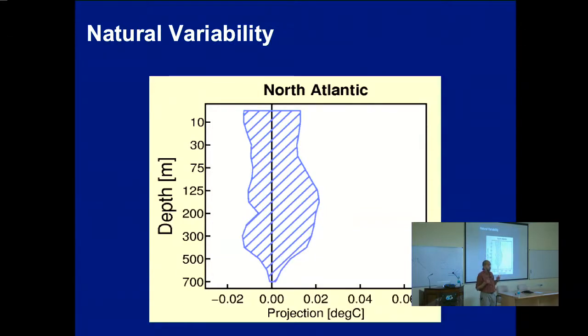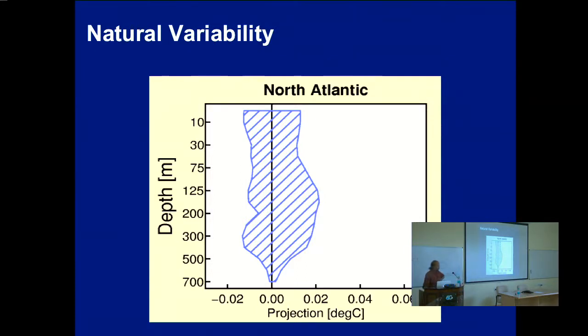And your signal is whatever you're trying to detect, the anthropogenic or natural external forces. So if you look at this figure, this is my surface of the ocean, right? And if I go down to 700 meters, this is sort of a measure of how much my temperature can vary. Okay?